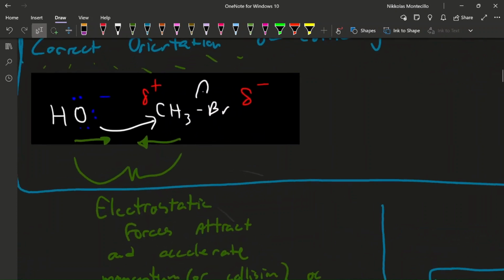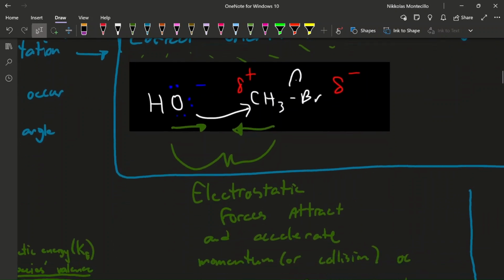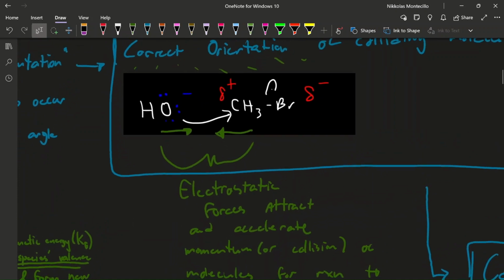So say for example, we have a hydroxyl group or OH with the oxygen having a negative charge. It'll be reacting with CH3Br, where the oxygen is attracted to the partially positive charge of the carbon atom here.